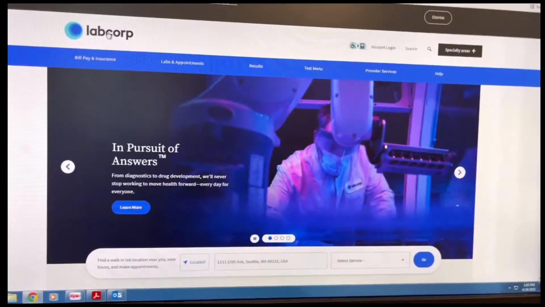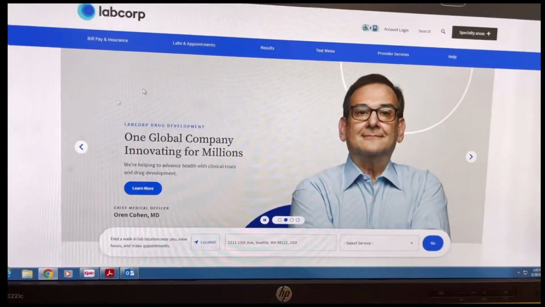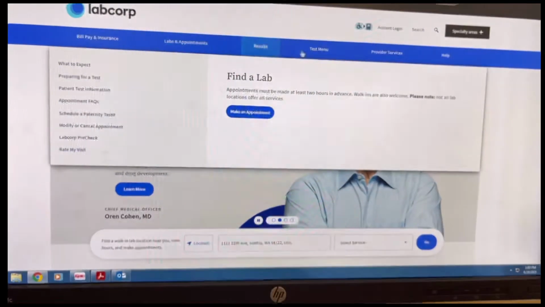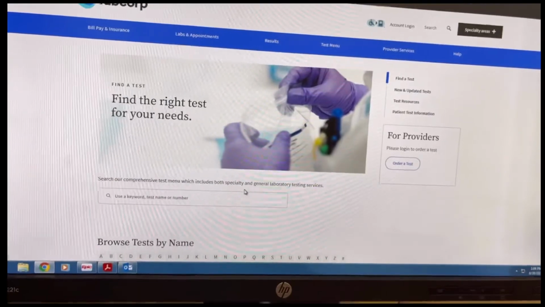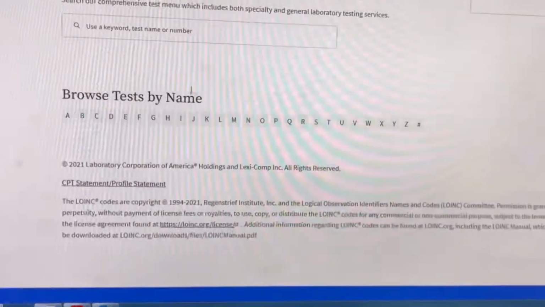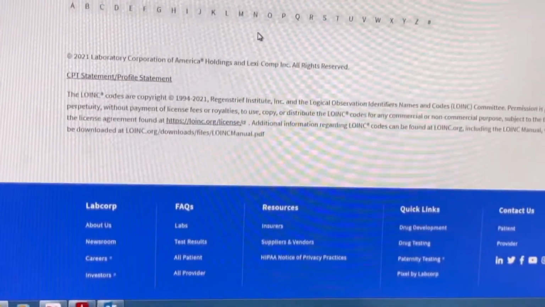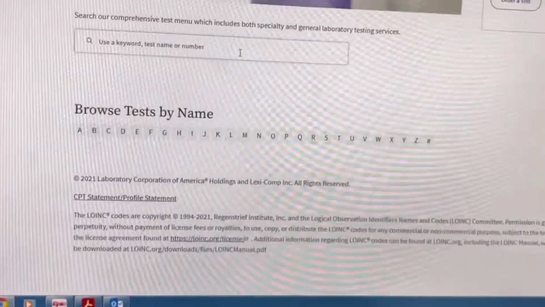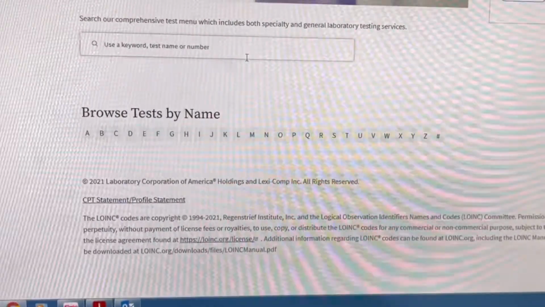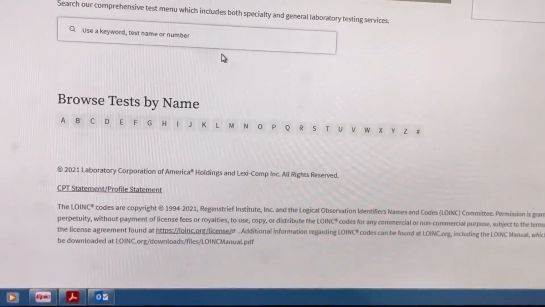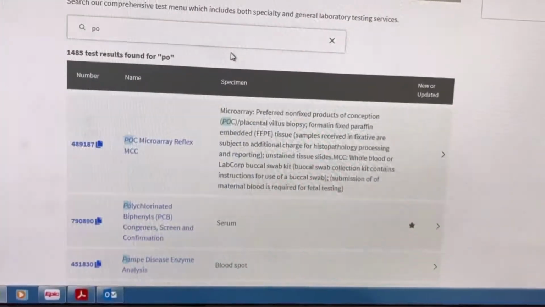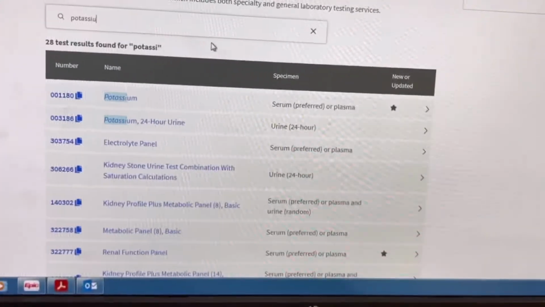Okay guys, so here is the Labcorp website right here. You're gonna go to test menu and scroll. Here you could either use a test code or a test name. We are gonna try to see what color tubes we need to test for potassium.